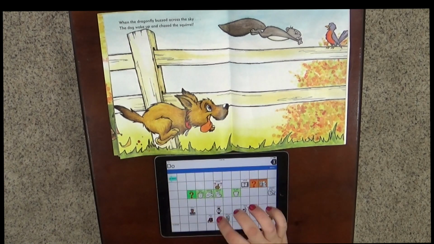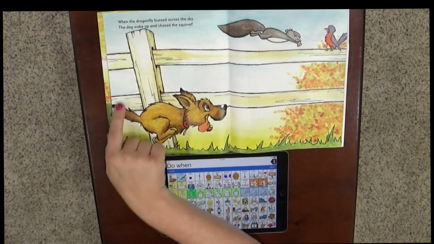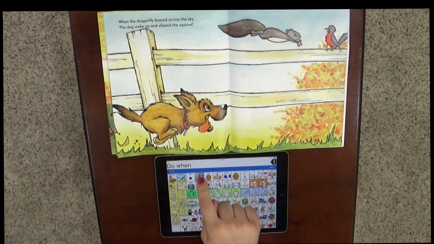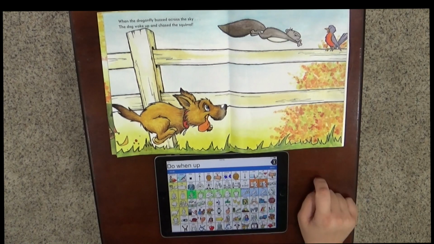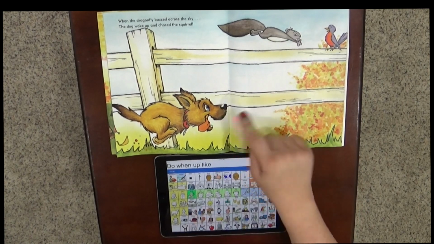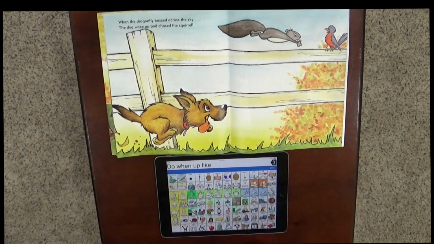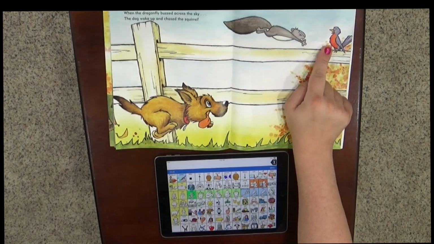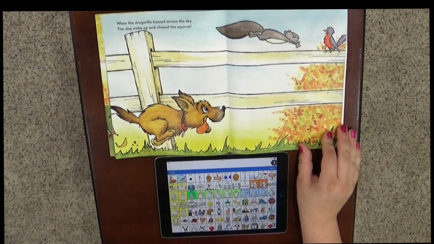When the dragonfly buzzed across the sky, the dog woke up and he chased the squirrel because dogs like chasing squirrels. Look, he looks like he is happy to be running after that squirrel. But uh-oh, there's another animal in the way.